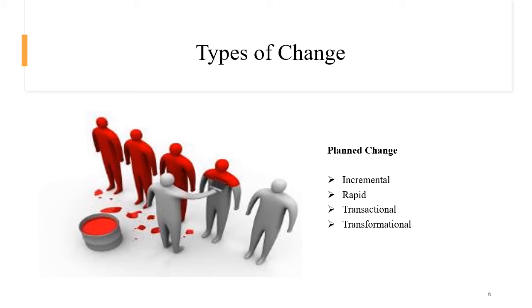Rapid change occurs quickly without thinking of the consequences. We're going to do this now and not even think about what's going to happen as an outcome. It could be dangerous. Transactional.